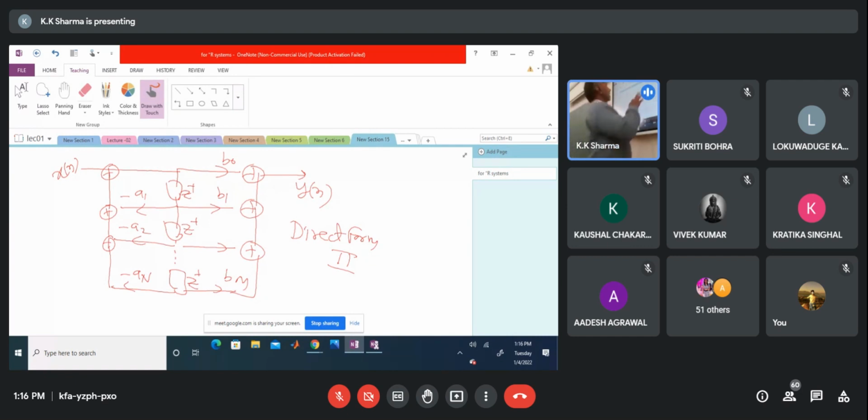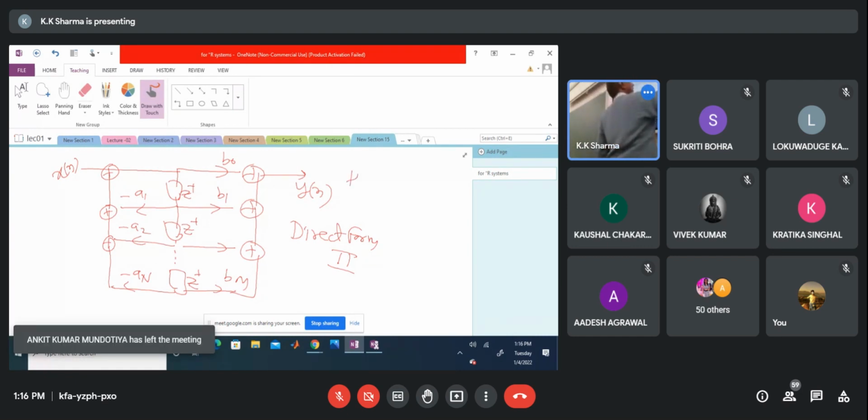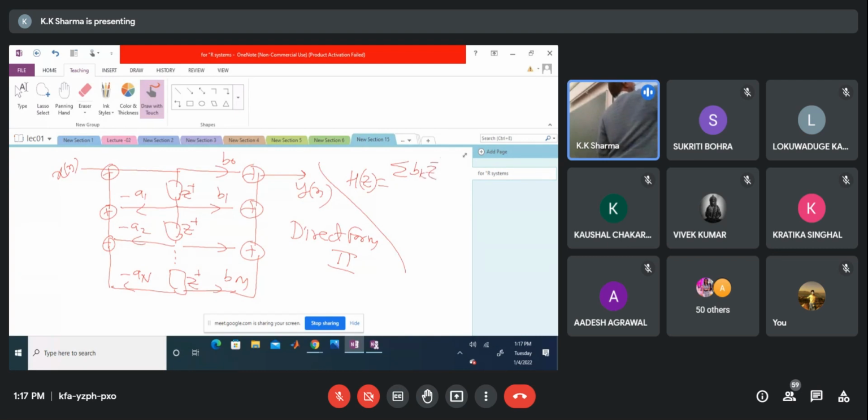So what was the overall transfer function? You can see your H(z) was the summation of b_k z^-k, k equals 0 to N, divided by 1 plus the summation of a_k z^-k, k equals 1 to N. So if you know the value of these coefficients b0, b1, b2, they are directly appearing in the overall structure without any modification.